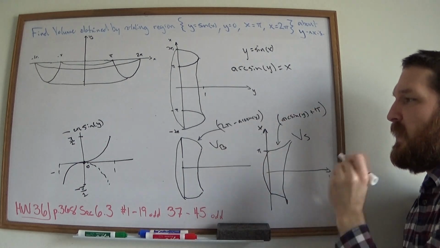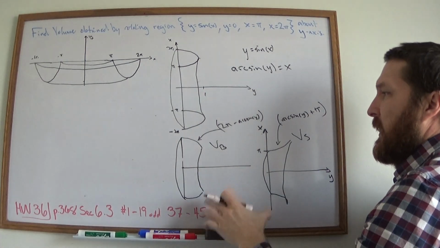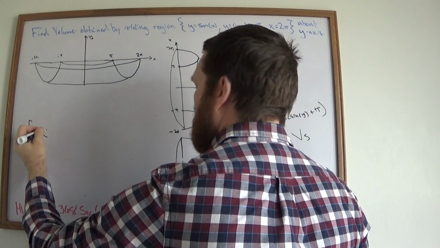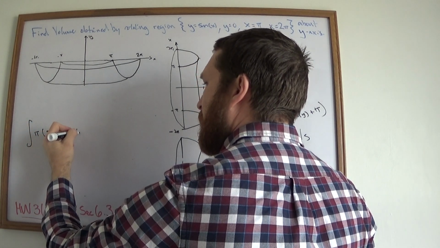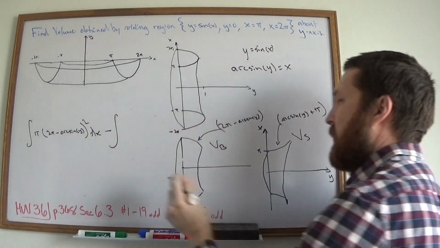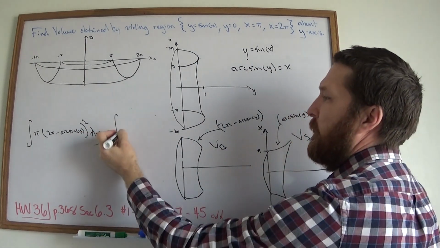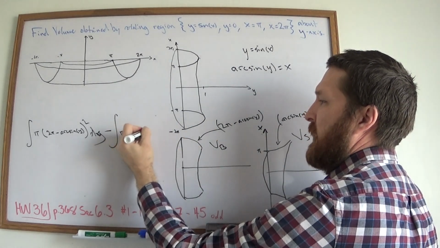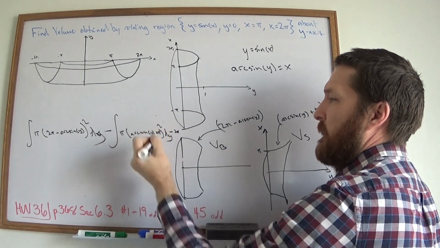Those are your functions, and now you need to find their volume. And so you do the pi times this thing squared, and now you're integrating pi times 2 pi minus arc sine y squared dx, and then you're going to subtract off pi, this thing, which is arc sine y plus pi squared dy.